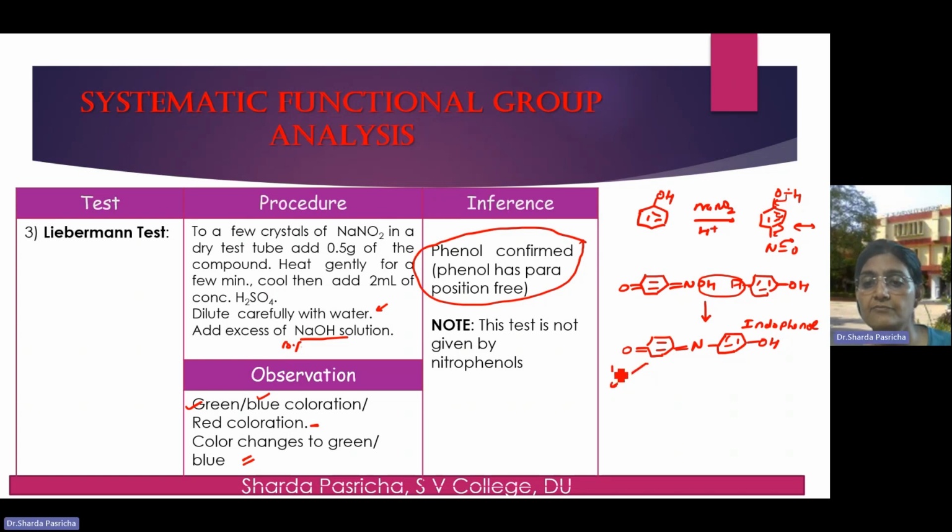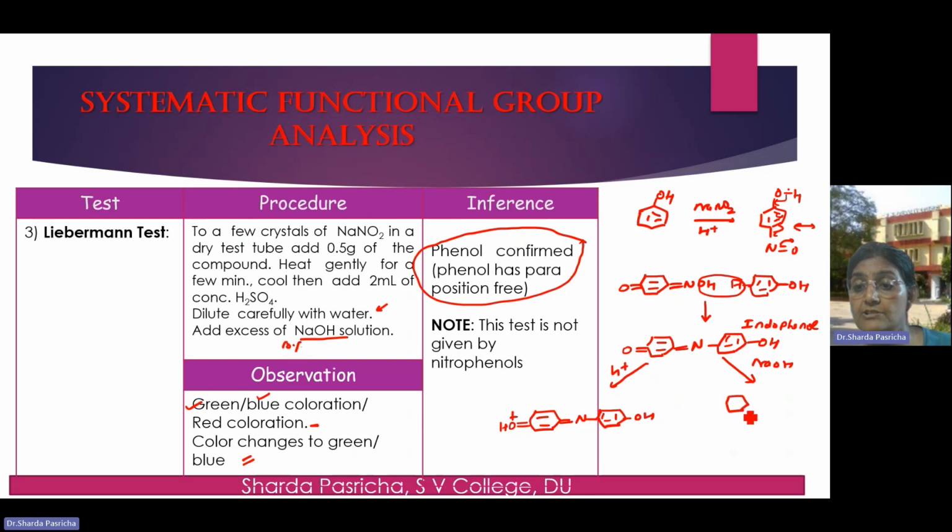If you acidify it with acid, it will form the corresponding ion, which will be stabilized by resonance. You can see how the resonance takes place. And if you add alkali to this, it will form the corresponding phenoxide ion here.